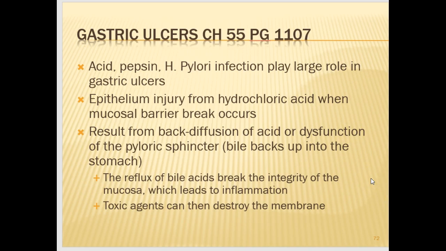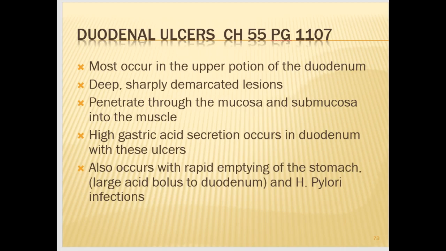That bile should be going down into our intestines to further break down the products of what we're eating, but it's coming up. So that acid that should not be in our stomach is in our stomach and is causing an ulcer. This can be toxic, and it can destroy the membranes. So understand that.